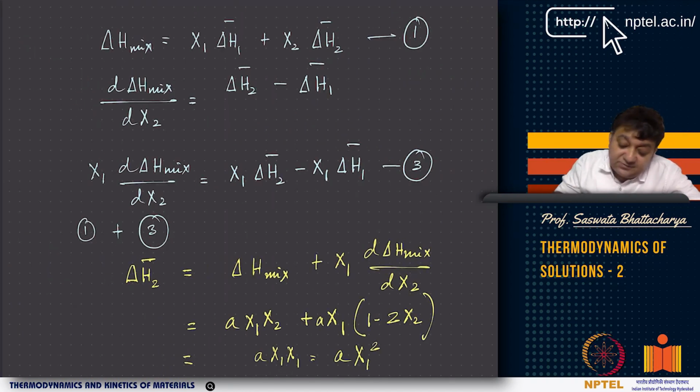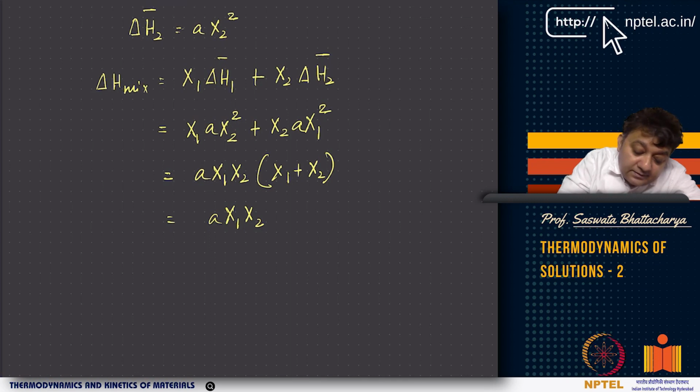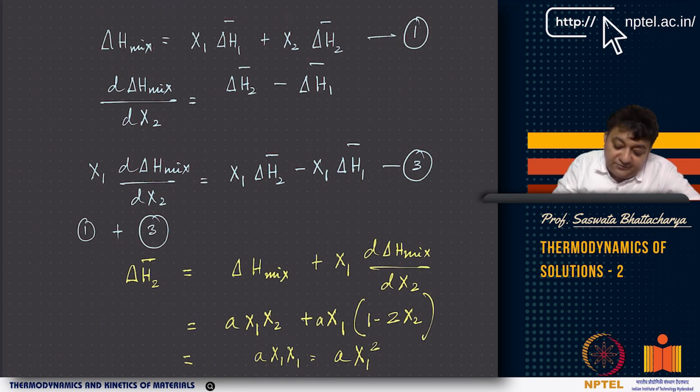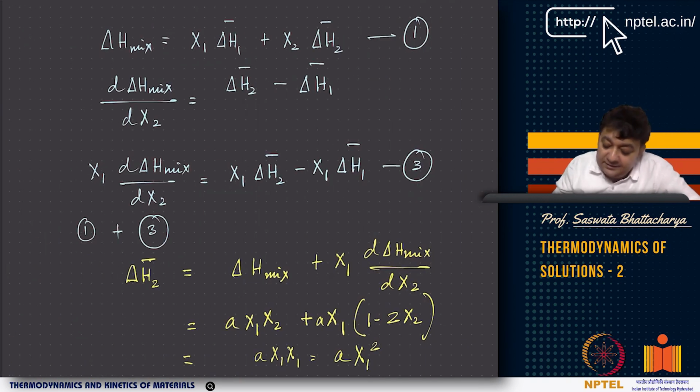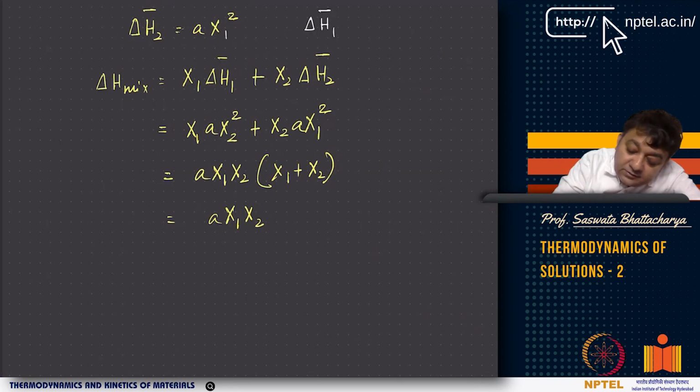Delta H2 bar is a x1 square, right? And similarly, if you want to find delta H1 bar, you proceed the same way. So basically delta H2 bar is a x1 square and delta H1 bar will be a x2 square.